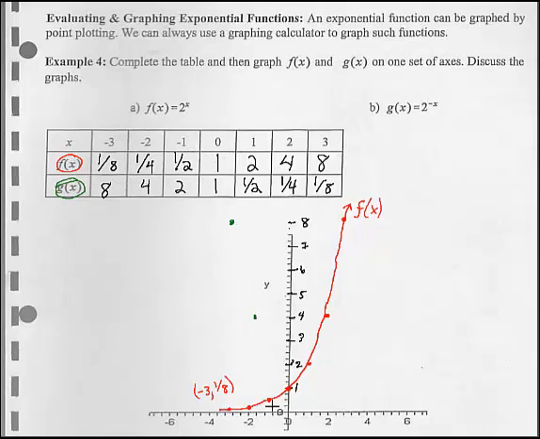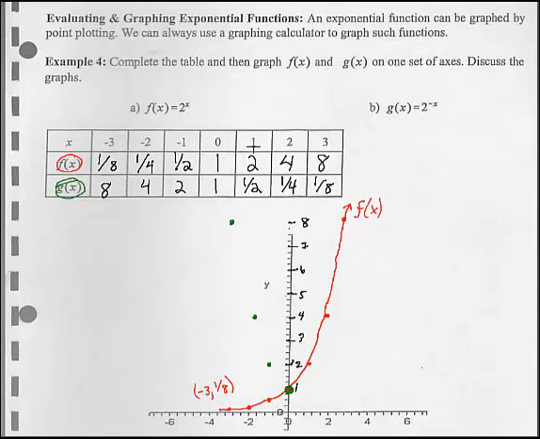Negative 1 would be a half. Oh, I'm sorry, negative 1 would be a 2 for g of x. I glanced at the f of x value. 0 would be 1. So they would cross right here on the y-axis and overlap.